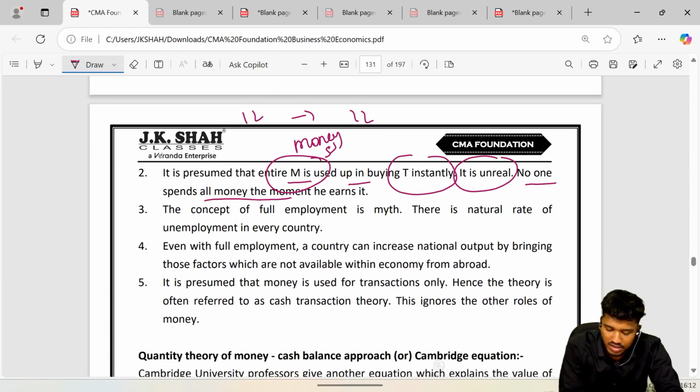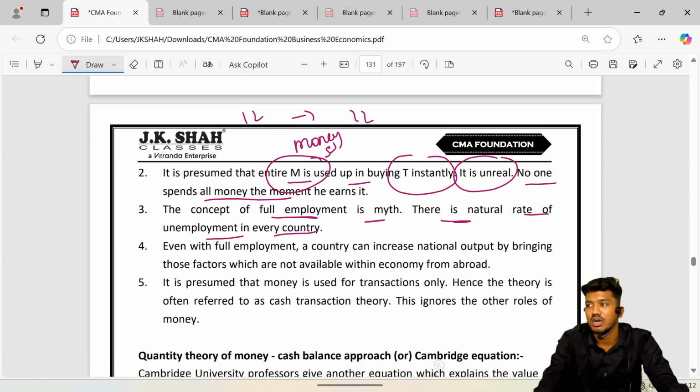Moving forward. The concept of full employment is a myth. There is a natural rate of unemployment in every country. Employment is being taken into consideration, but unemployment is not being taken into consideration by Irving Fisher. He has talked nothing about employment and unemployment, but assumes every person in the country is earning something.